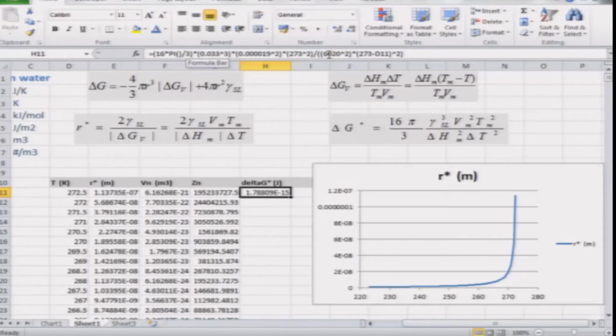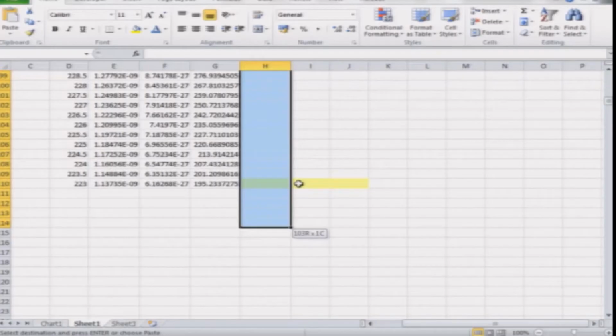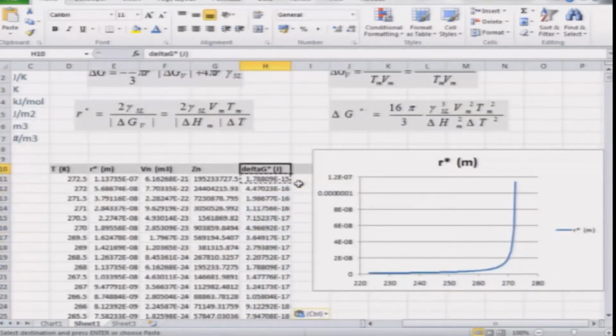Let me just quickly see if I have missed any term. 16 pi by 3, then the interfacial energy cubed, molar volume squared, transformation temperature squared, divided by, in the denominator, delta Hm squared and the undercooling squared. So that appears all right, and let me just copy this.